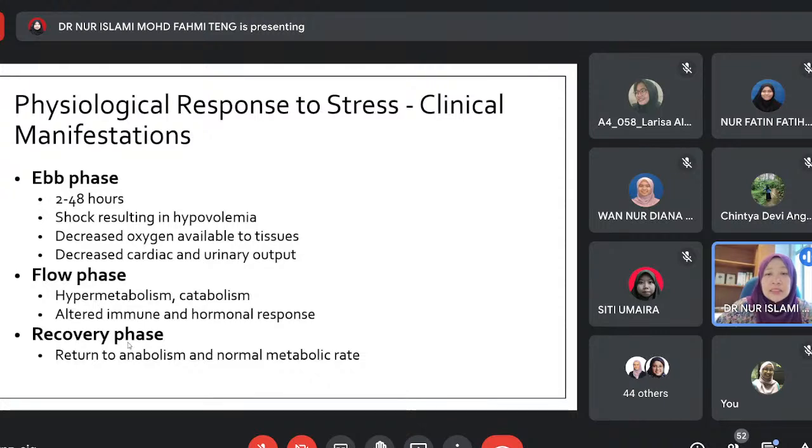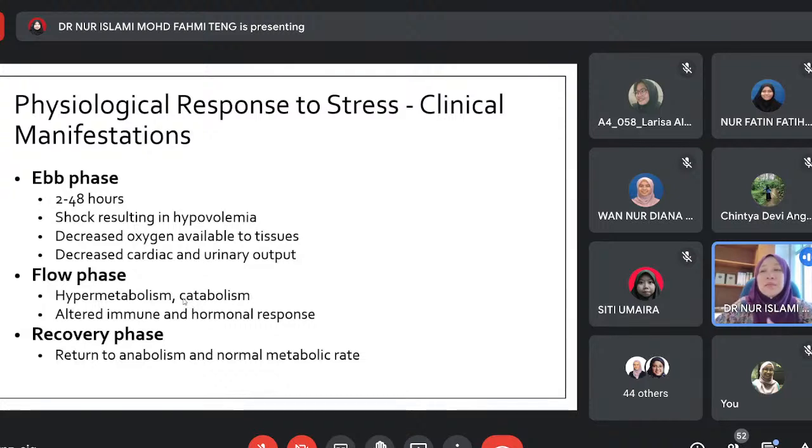So this is the flow phase, with hypermetabolism and catabolism. The key catabolic elements here are hypermetabolism, alteration in skeletal muscle protein, alteration in liver protein, and insulin resistance that occurs during the flow phase.